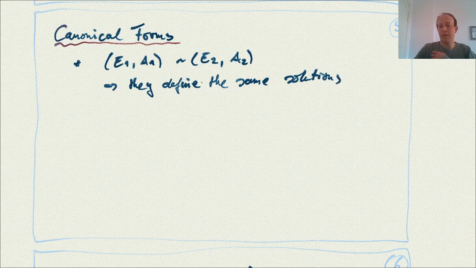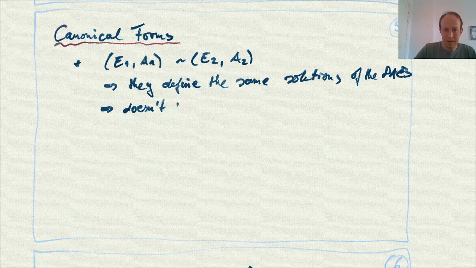As I had it two slides before, if they just differ by a scaling or a state transformation of the DAEs that they describe, meaning if (E2, A2) is equivalent to (E1, A1), then it doesn't matter whether one considers this DAE or that DAE. So if they are equivalent, then they define the same solutions of the DAEs.